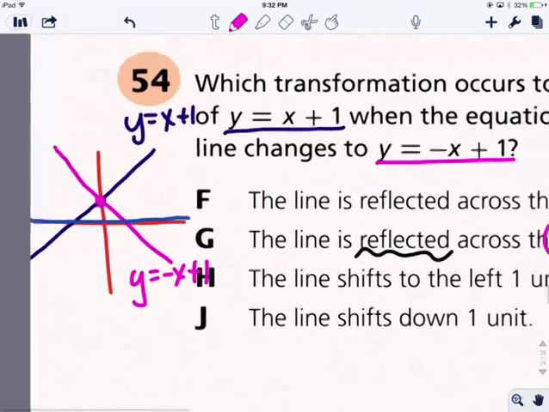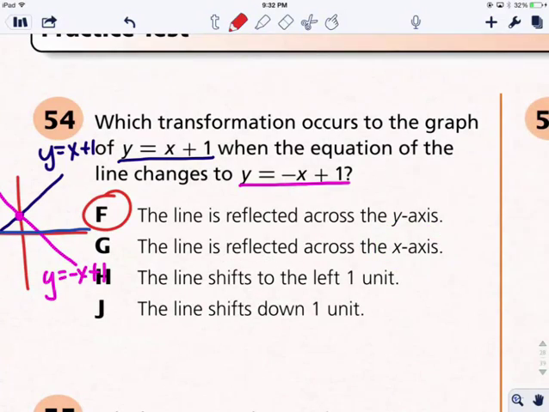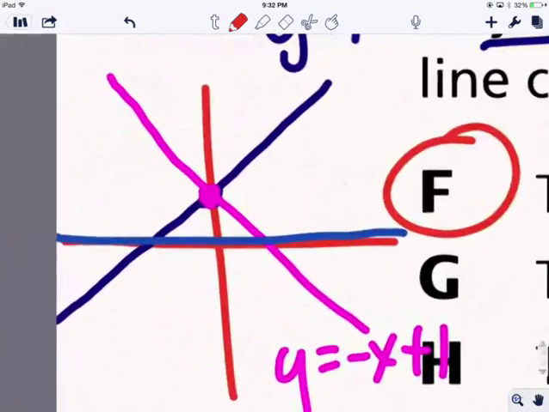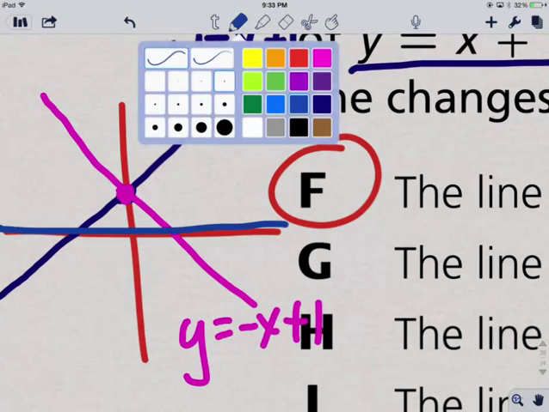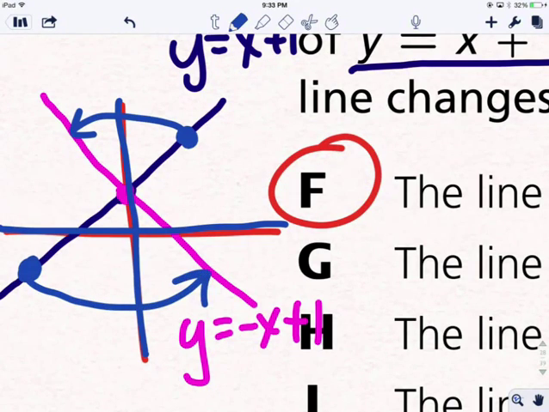So the only answer choice remaining is F. The line is reflected across the y-axis. You see that? The y-axis kind of acts as a mirror about which every point on the original line gets reflected, right? Every point on the original line gets turned into its mirror image across the y-axis.